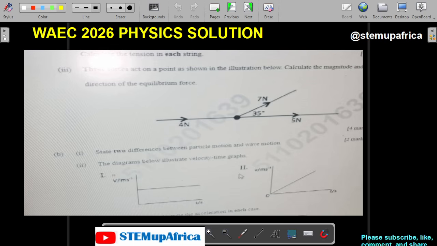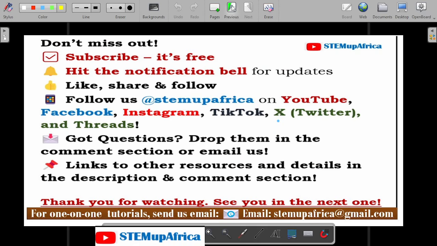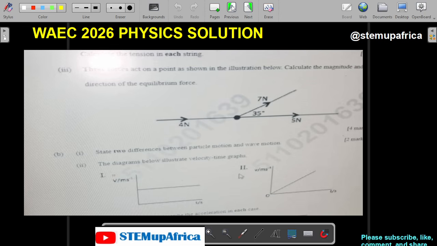So what are the questions? Without knowing what the question might be, I think this is uniform acceleration. This is constant acceleration, I mean.